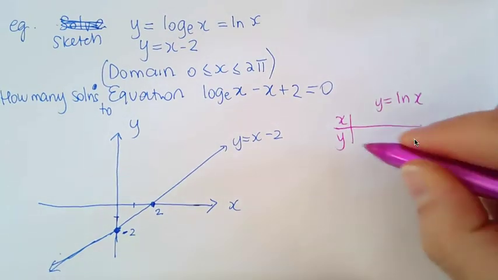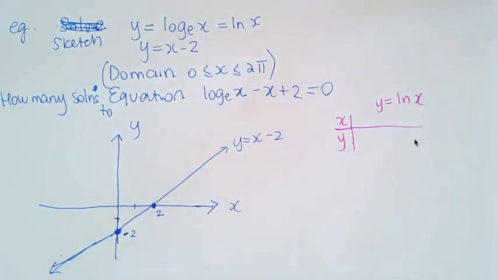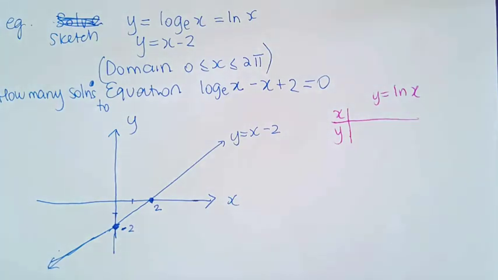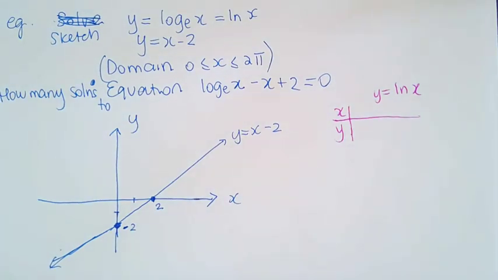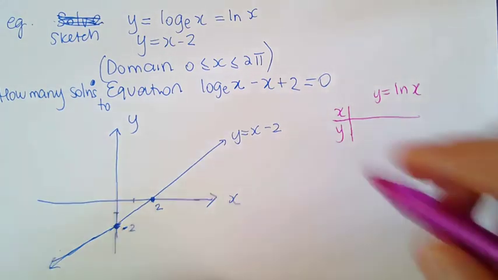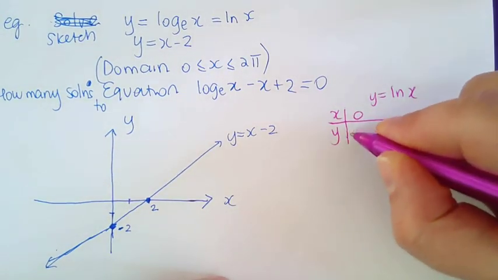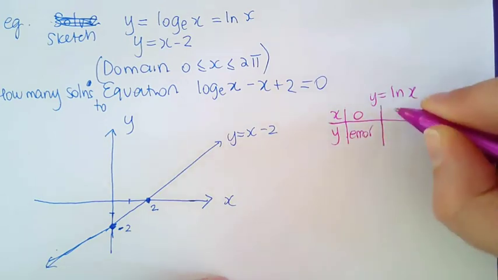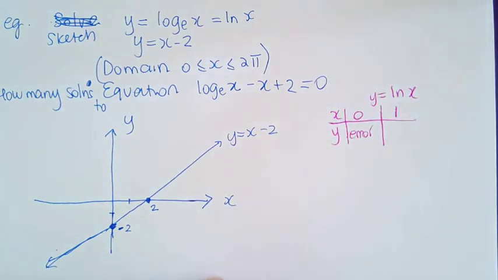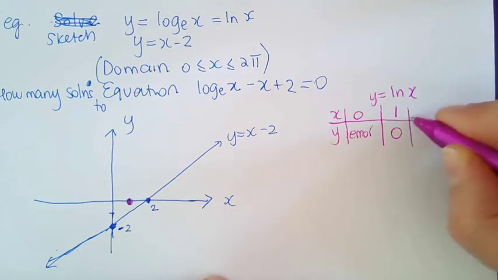What value are you not allowed? Calculator. Negative 1 for me. Tell me what you get. Error. So is it giving you an idea? So ln 0 is error. All right, let's do ln 1. What do you get? 0. Let's do ln 2.